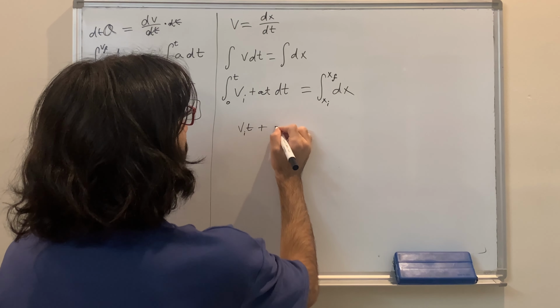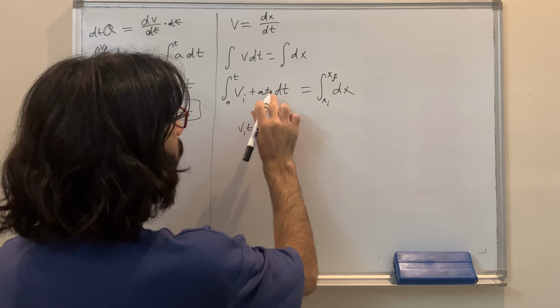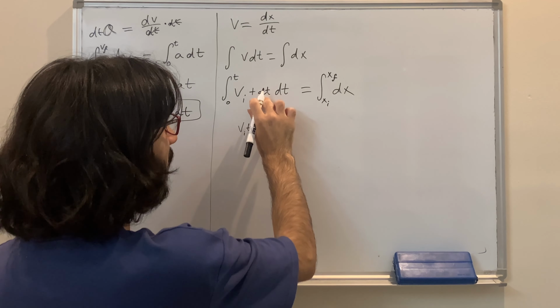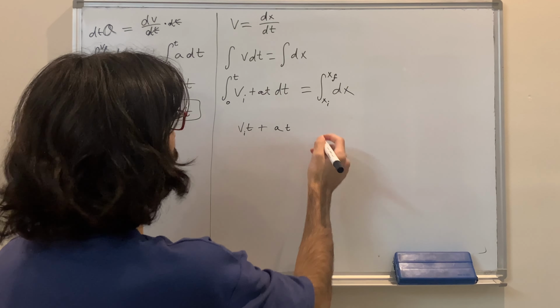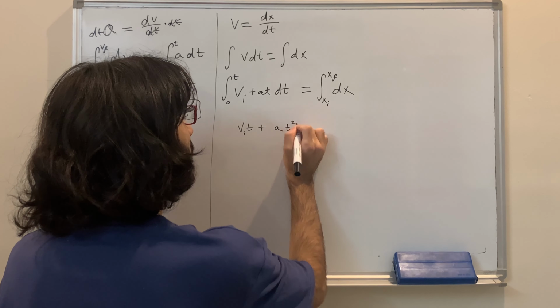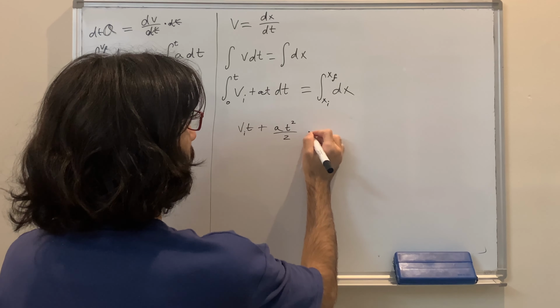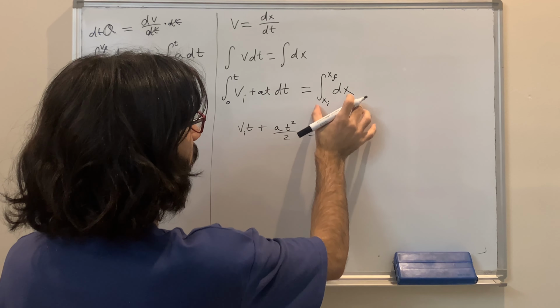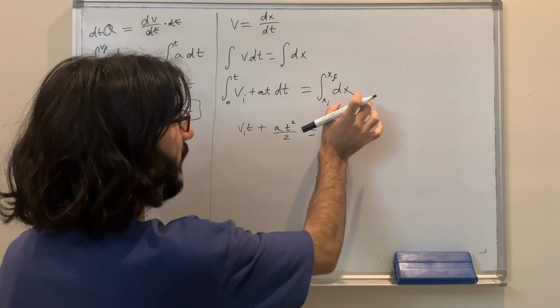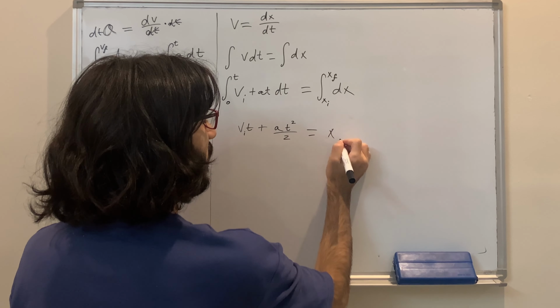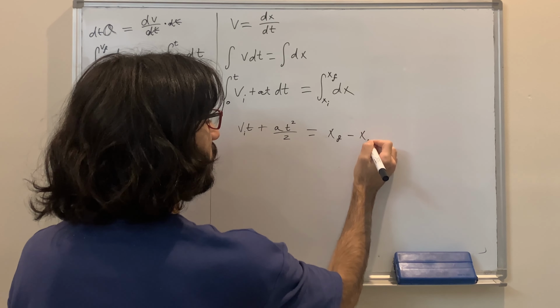Plus a t. Here we have some t dependence, so we use the reverse power rule, which gives us a t squared over 2, evaluated at the boundaries, and this gives us x final minus x initial.